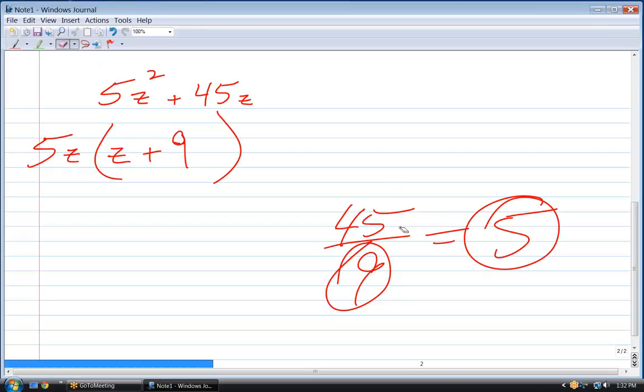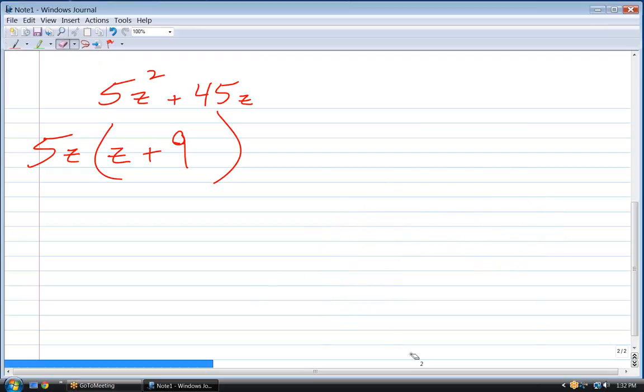That's what factoring is, division. The greatest common factor is 5z. When you divide 5z into 5z squared, you get z, and when you divide 5z into 45z, you get 9. Always make sure that when you multiply the two factors back together, you get what you started with. That's the key to doing division or factoring.